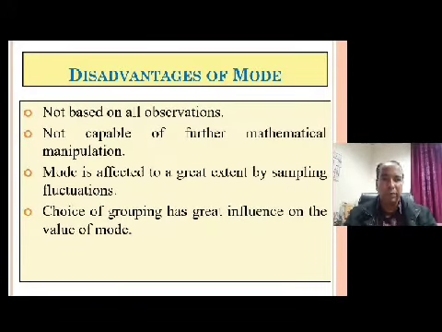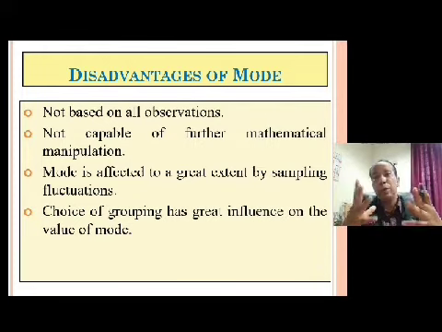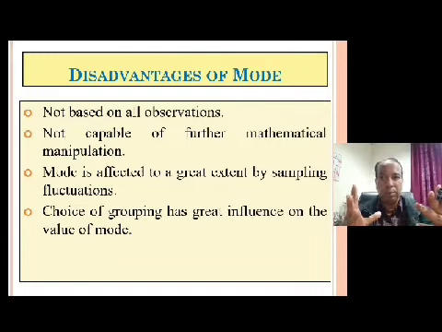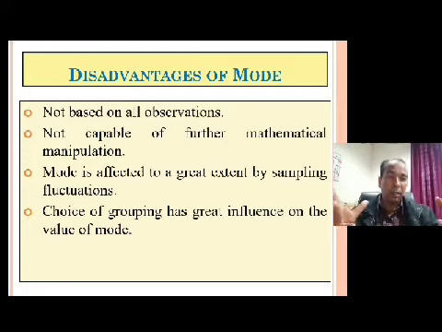What are the disadvantages? It is not based on all observations, because it happens to be one of the values of the data set. So it is not based on all the observations, and it is not capable of further algebraic treatment, just like the mean. Mode is affected to a great extent by sampling fluctuations. True, if you change the sample, maybe some other value gets the maximum occurrence.